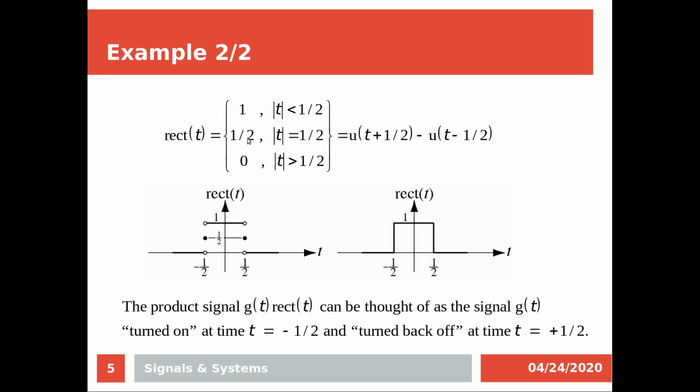This is the actual one, and this is the representation that we usually use. And it is 1 if it is less than 1 over 2, from this point to this point it is 1. So that's the function that we work with. It is a rectangular function with an amplitude of 1, beginning from minus 1 over 2 to 1 over 2.